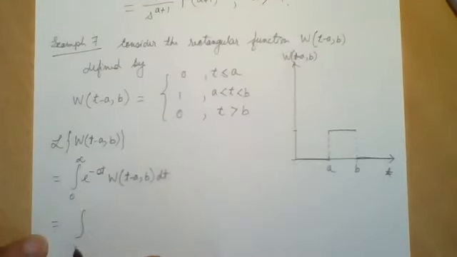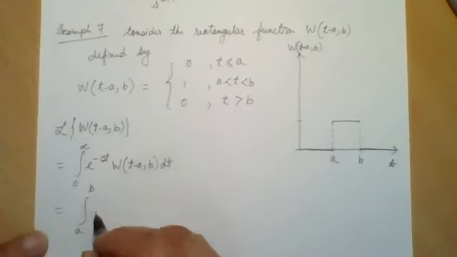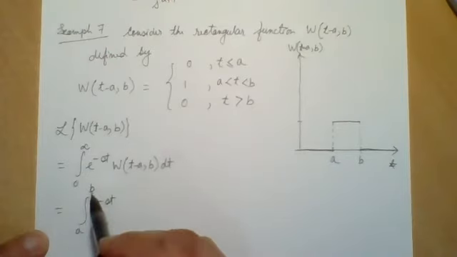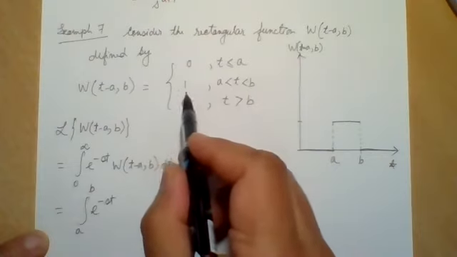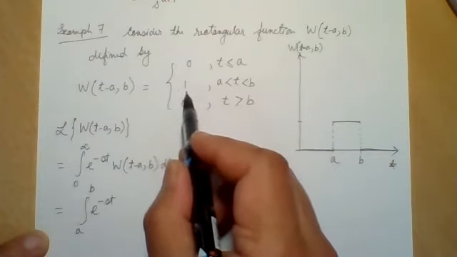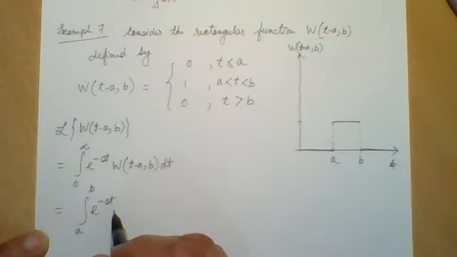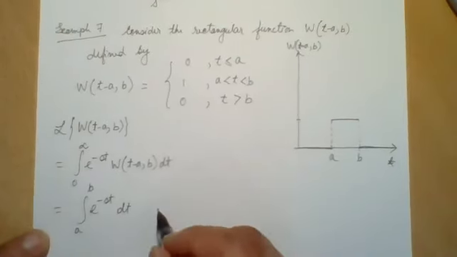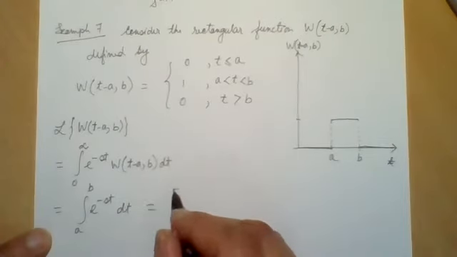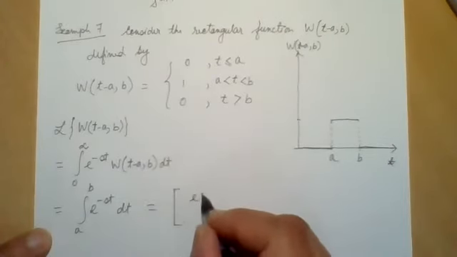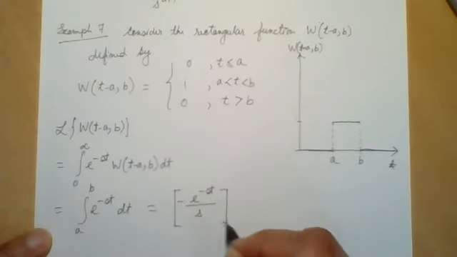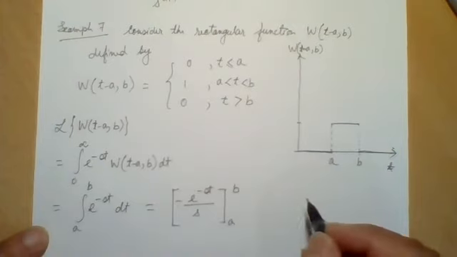So the integration would be from a to b, e to the power minus st, then the value of the function in the integral a to b. The value of the function in the range a to b is 1, so we multiply by 1 and we don't need to write it explicitly. So dt. And this is nothing but e to the power minus st divided by minus s from a to b.